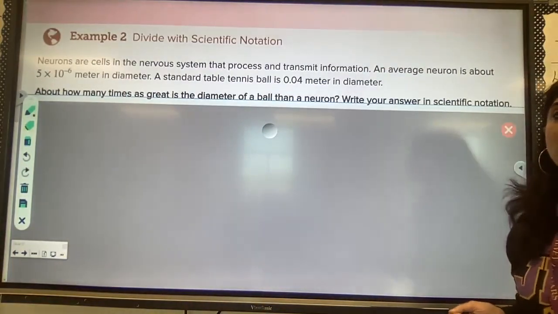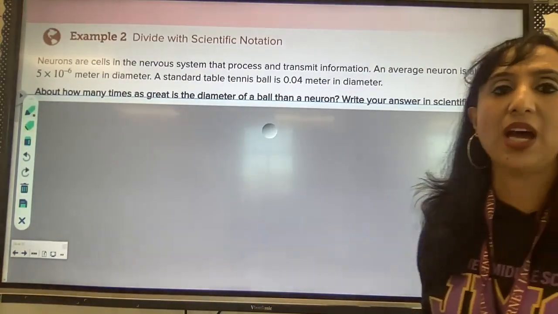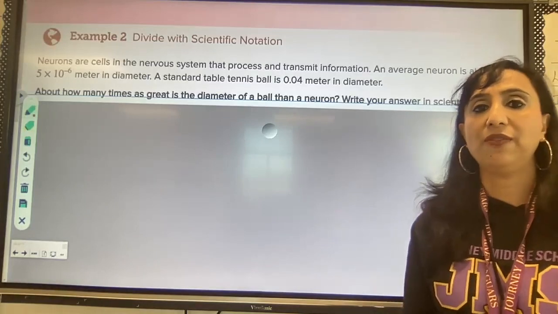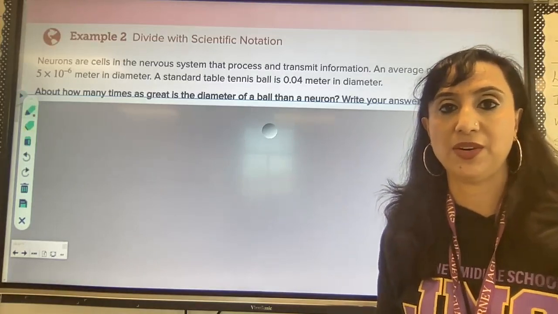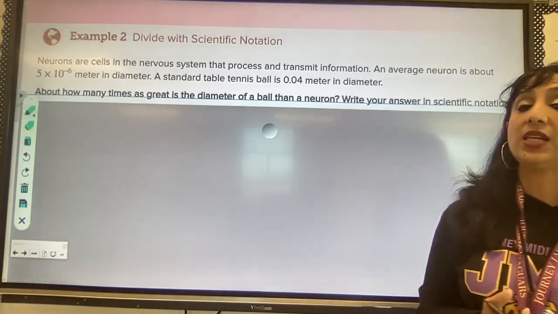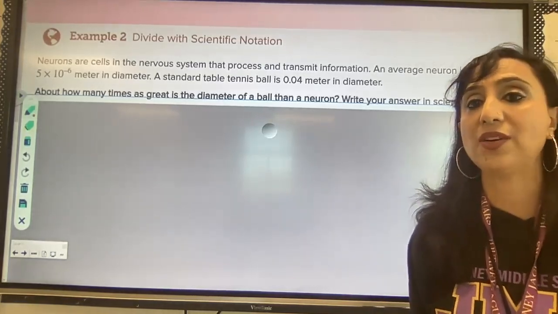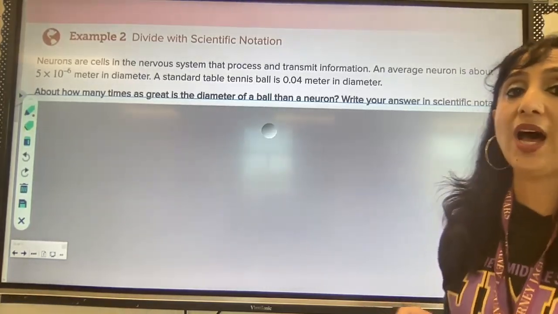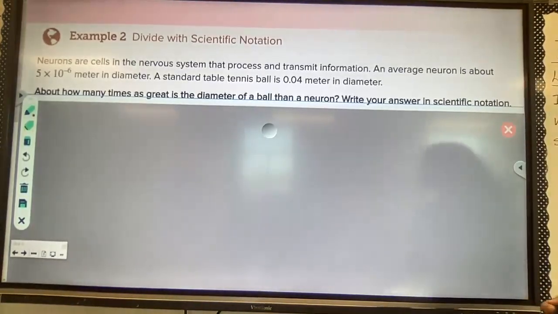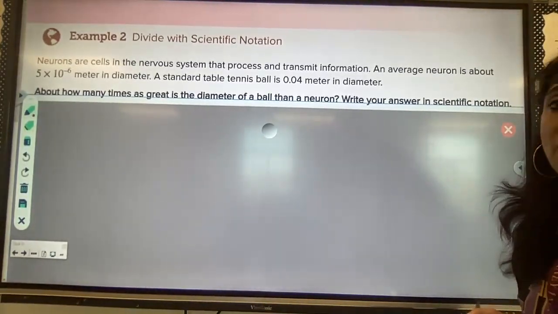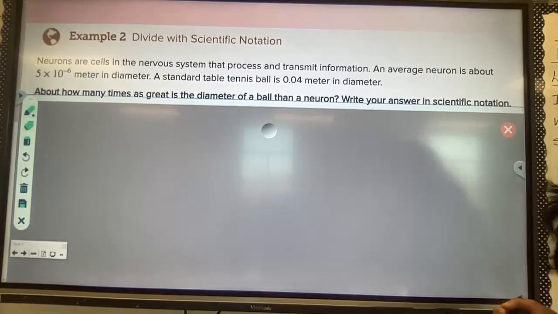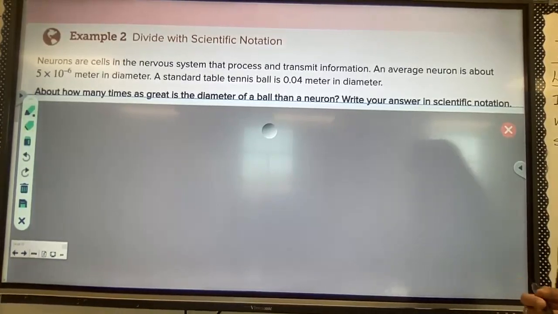An average neuron is about 5 times 10 to the power of negative 6 meter in diameter. A standard table tennis ball is 400 meter in diameter. About how many times as great is the diameter of a ball than a neuron? And write your answer in scientific notation.